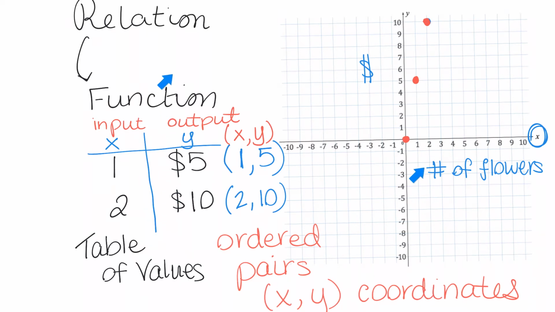Now, the last thing we want to talk about is what exactly it looks like when we have a relation that is a function. So what does it look like when something is a function or is not a function?